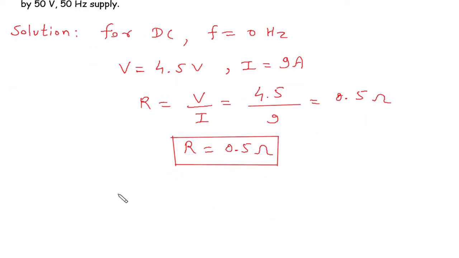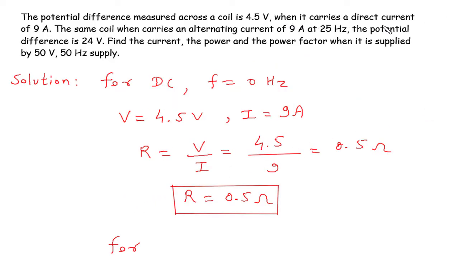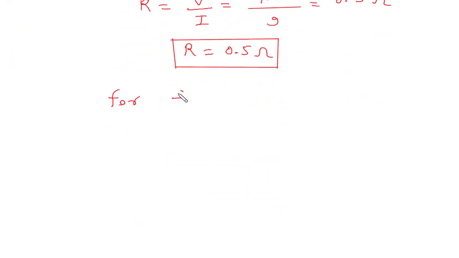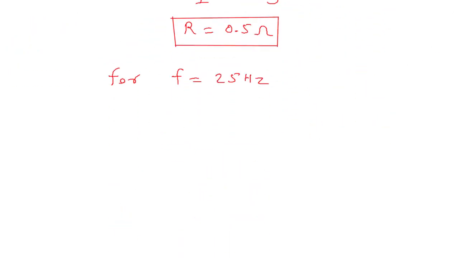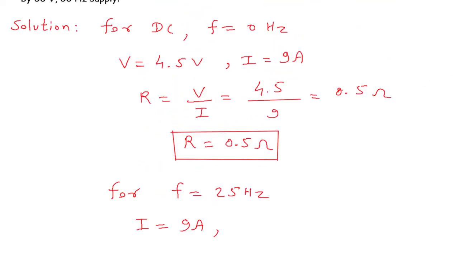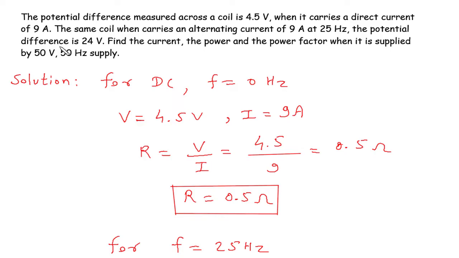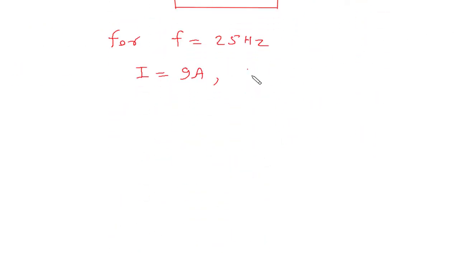Now for f is equal to 25 Hz. Current is given, I is equal to 9 ampere. Also voltage is given, V is equal to 24 volt.